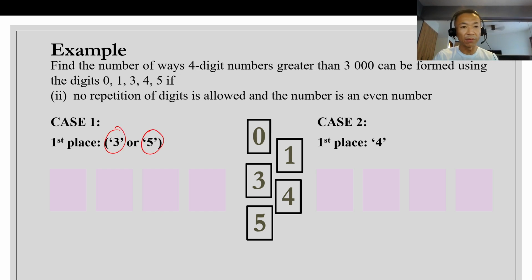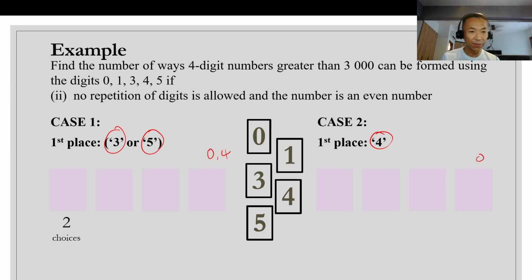If it's a 3 or a 5, your last digit can be a 0 or a 4. No problem. If your first digit is a 4, then your last digit can only be a 0. So it becomes very clear-cut. If you break the 2 cases up, then after that, you add the number of ways together.